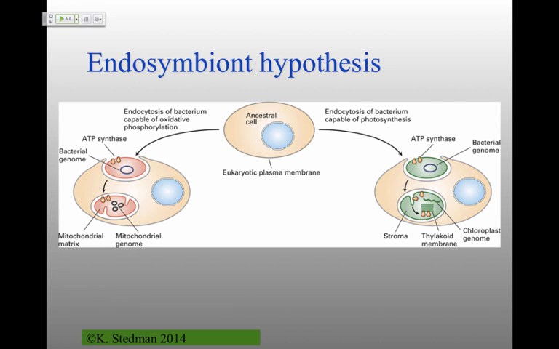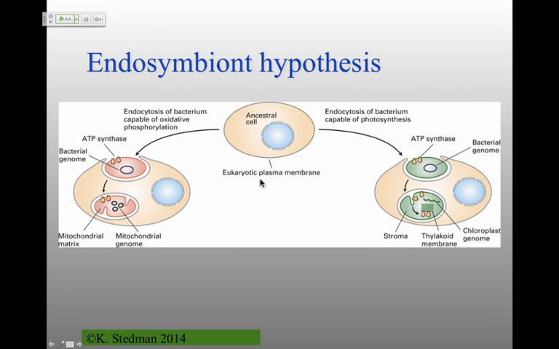If you look at the sequences of DNAs in mitochondria and in chloroplasts, these are much more similar to bacterial DNA than they are to the eukaryotic DNA that you have in the nucleus of these cells.